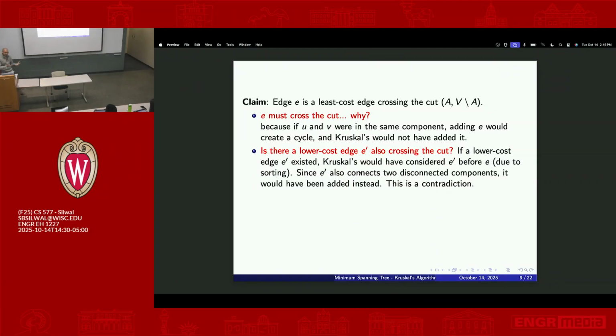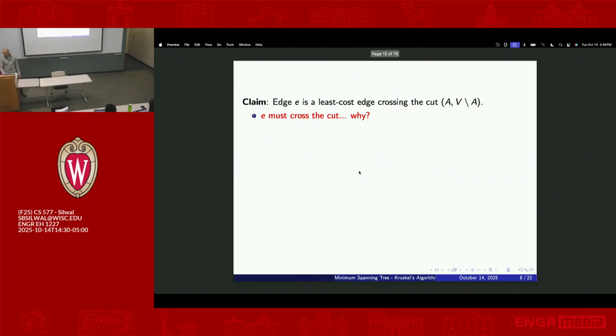If there was another lower cost edge, then of course I would have considered that edge first, because I'm going in sorted order. I mean, this is a bunch of words, but that just means that wouldn't have happened. It must be the smallest edge that crosses that cut. Otherwise, that other edge e prime would have been considered first, and that would have crossed that cut already. Okay, that's all this is saying.